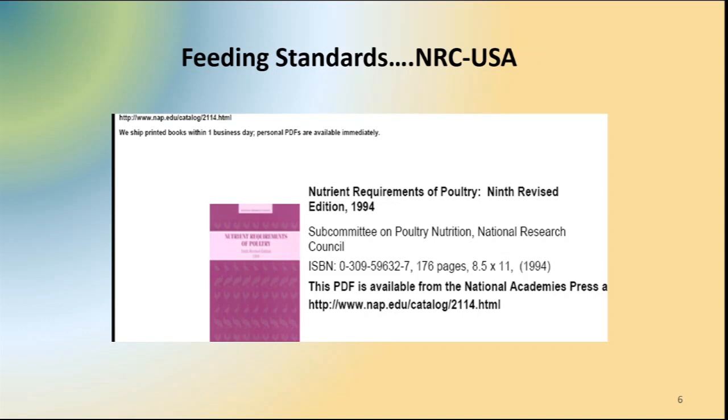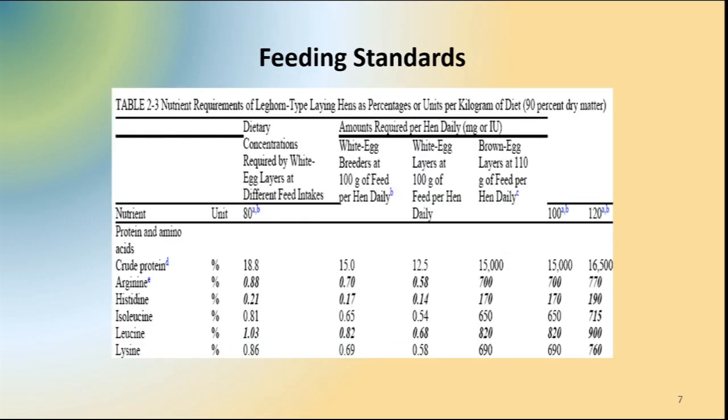So the majority of poultry producers follow the guidelines given by the breeding companies like Cobb, Ross, because these requirements are very old, and nutrient requirements of present-day poultry cannot be met by following these NRC feeding standards. This is just to show how feeding requirements are expressed. In this case, all the requirements of the leghorn type bird are expressed on percentage basis, 18.8% crude protein in the ration.